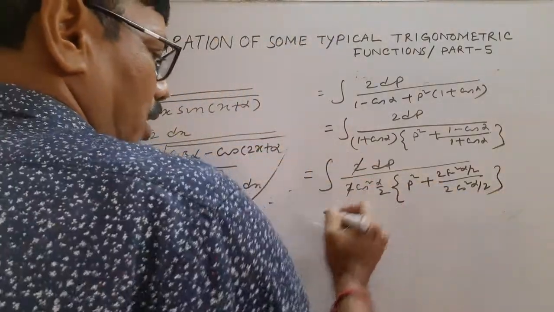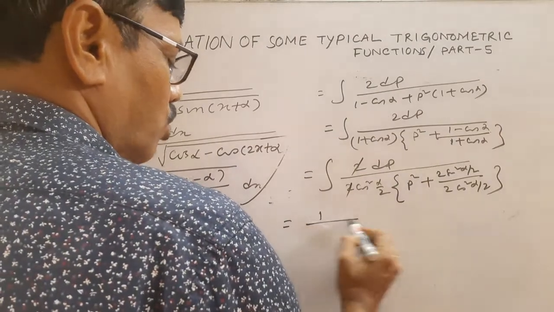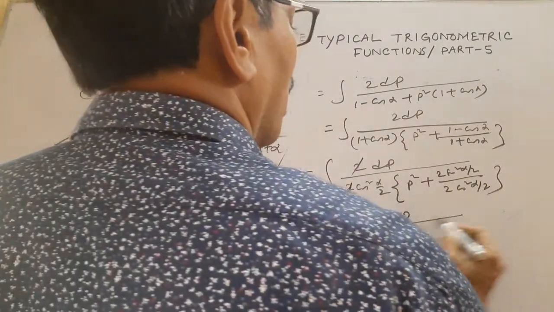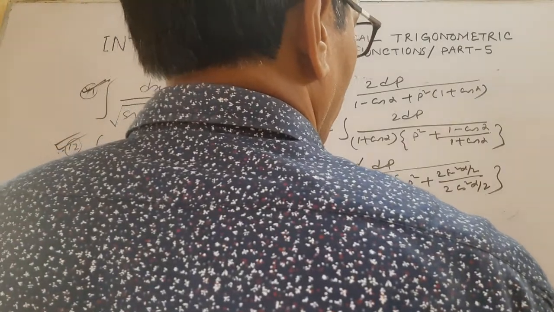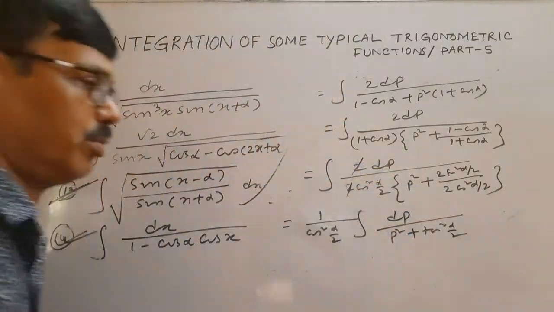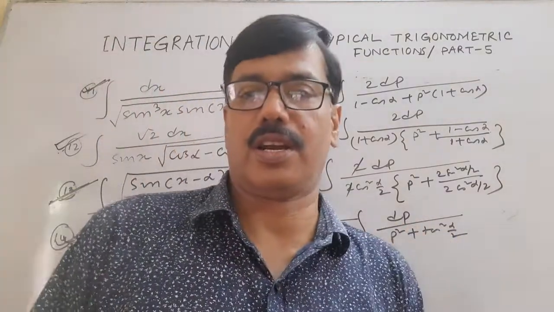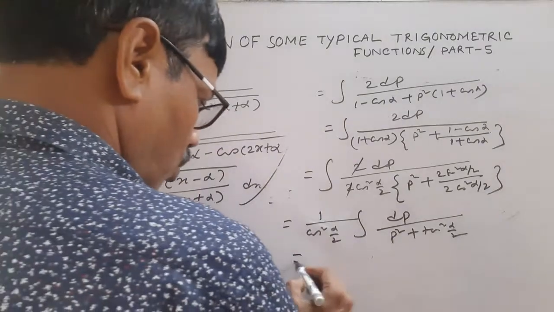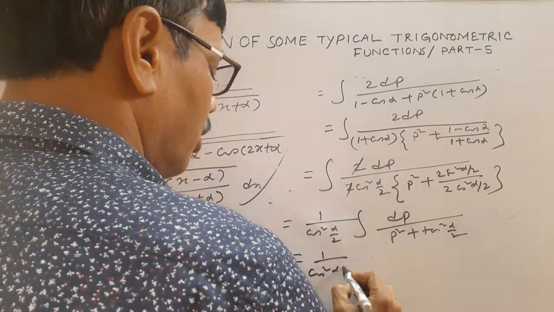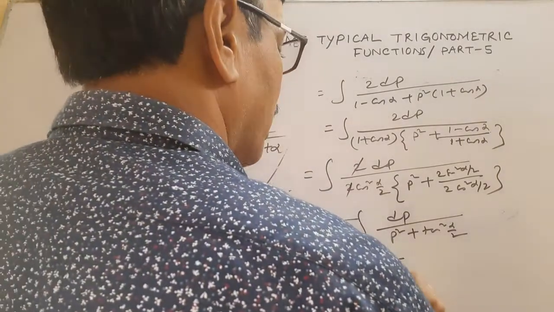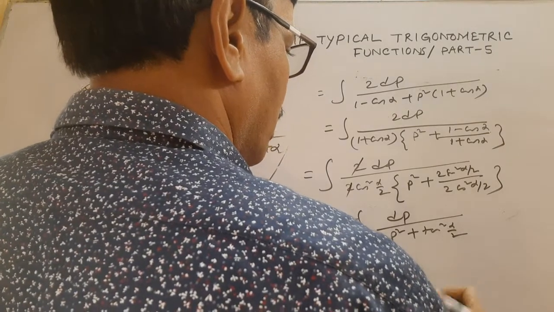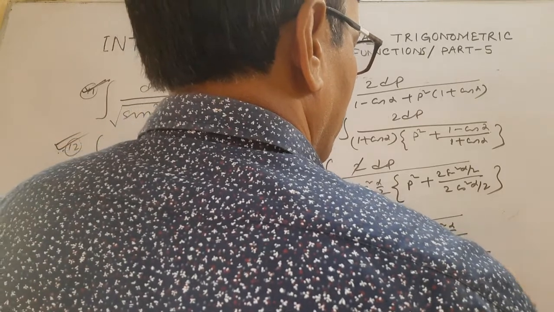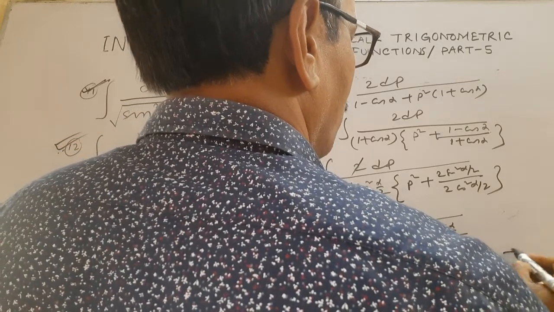So finally 1 by cos square alpha by 2 outside, and this is dp by p square plus tan square alpha by 2. This is of standard form. What is the standard form? 1 by a, so 1 by tan alpha by 2, tan inverse p by tan alpha by 2 plus c.